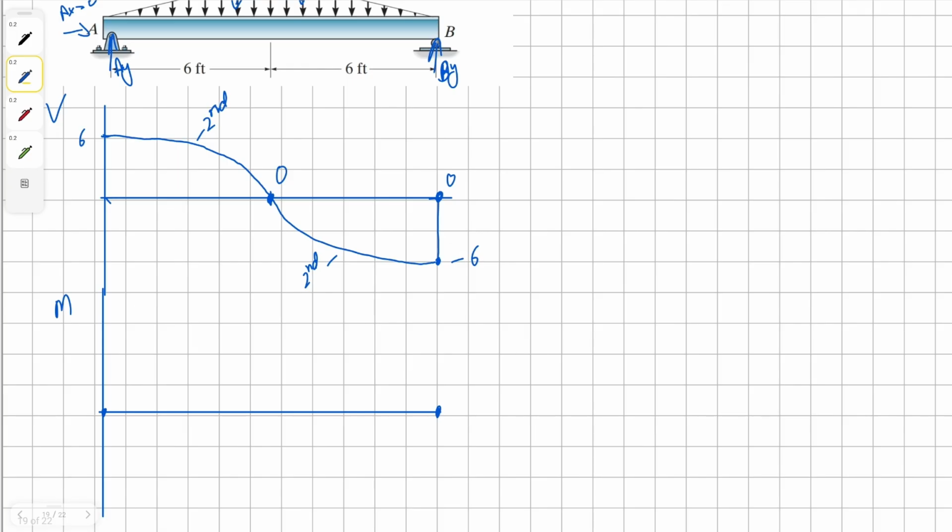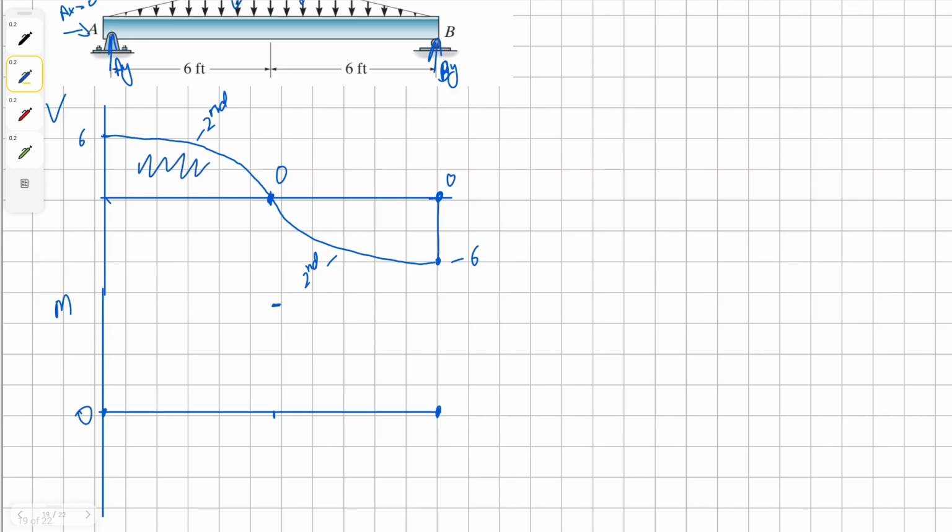And we know that wherever shear is 0, you're going to have a flat moment curve, which would tell us either the maximum or minimum of the moment. In this case, our moment is going to begin at 0.